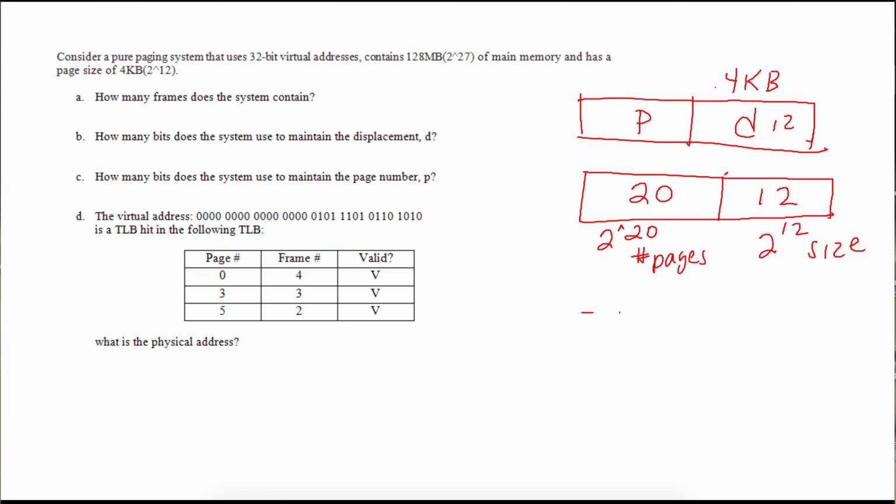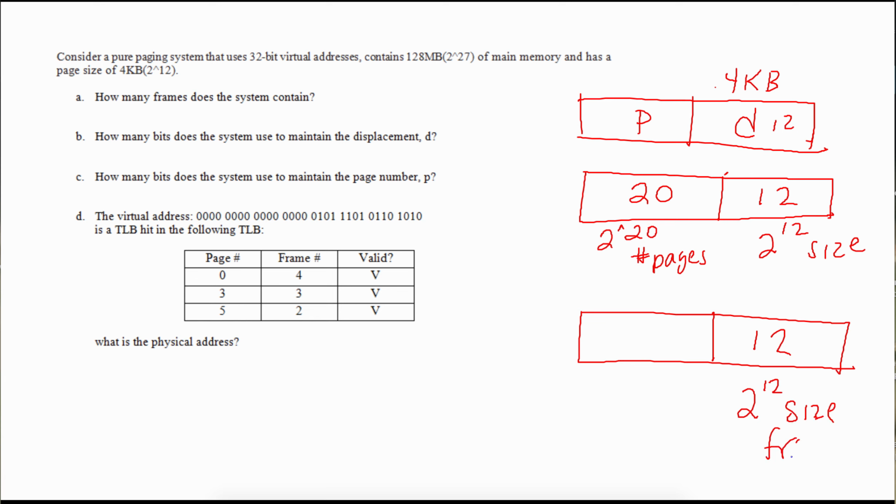It also means that in your physical memory, since the size of the pages is 2 to the 12, the size of the frames is going to be the same, 2 to the 12 size frames. But you only have 128 megabytes of physical memory, so you can use 15 bits, or you would have 2 to the 15 number of frames.